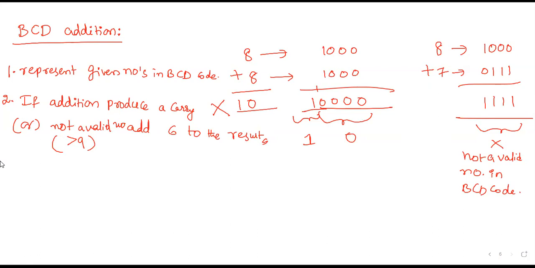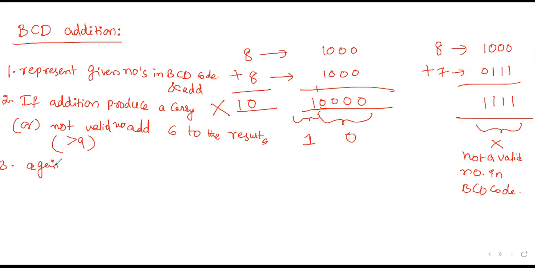Third, again check if the addition produces a carry or a not valid number. Add 6 to the result. Okay.